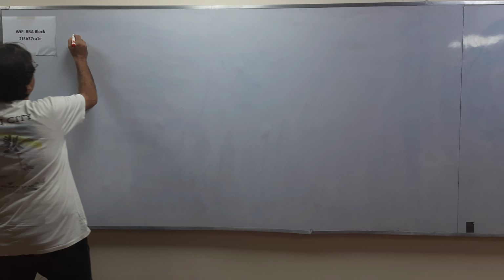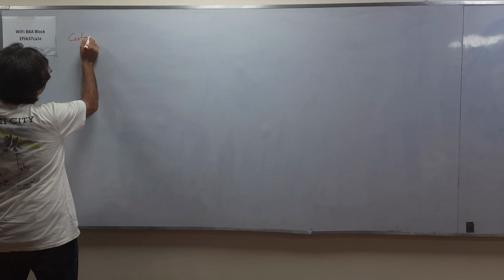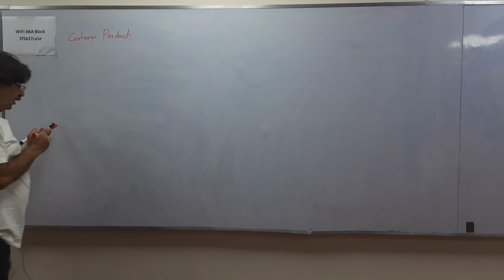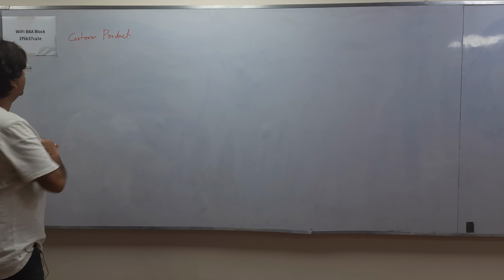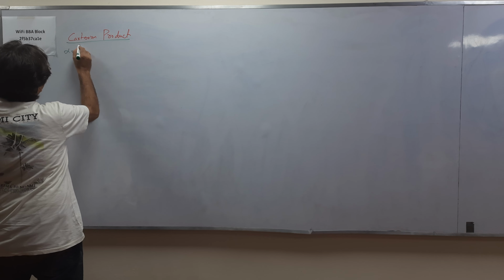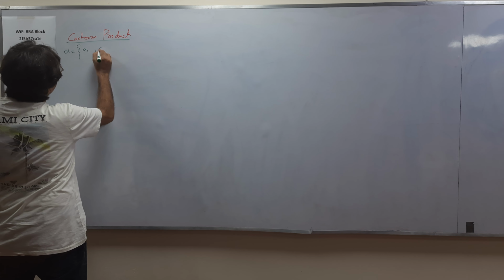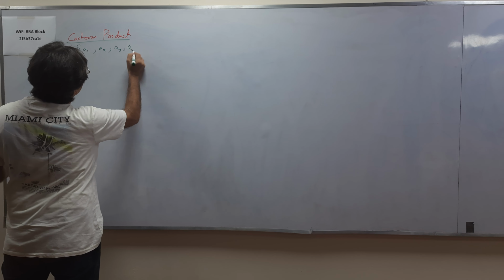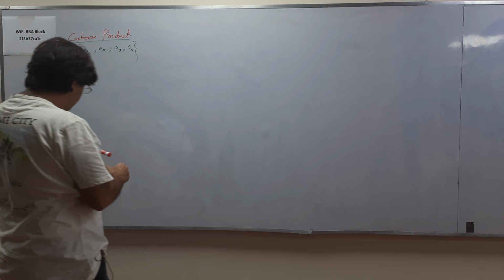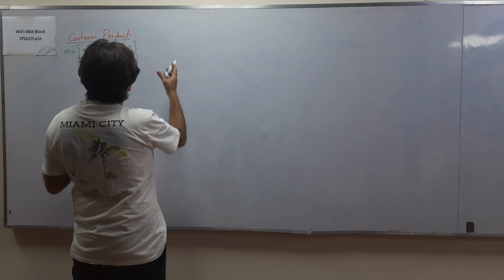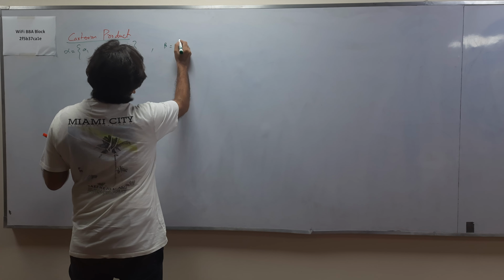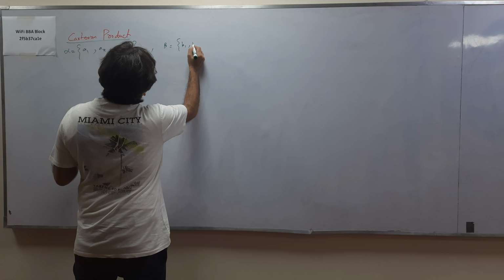So last time we were studying the Cartesian product, okay? In the Cartesian product, we studied that if there are two sets, alpha equals A1, A2, A3, A4, and beta is B1, B2.